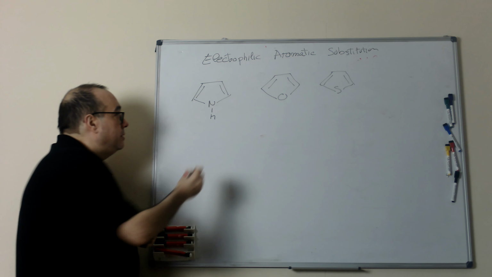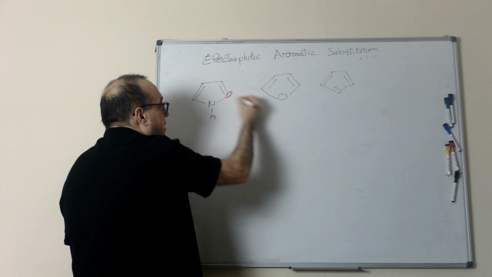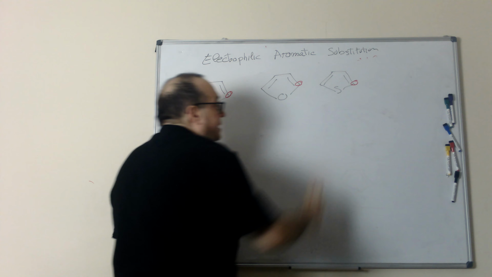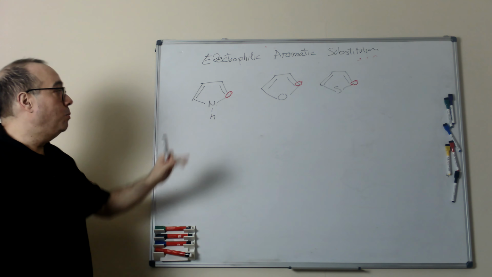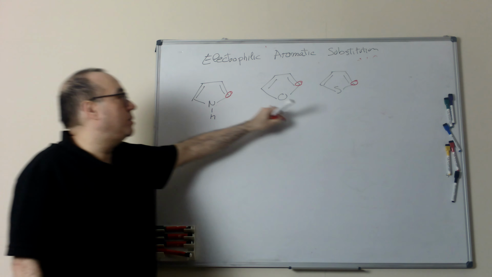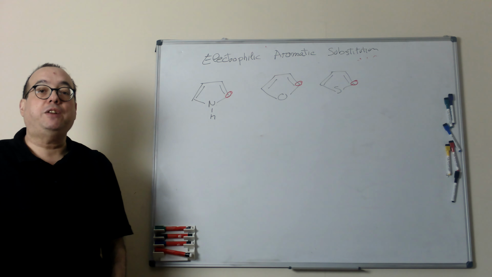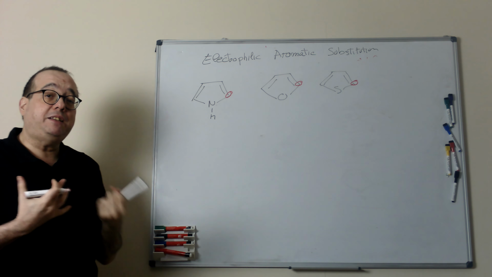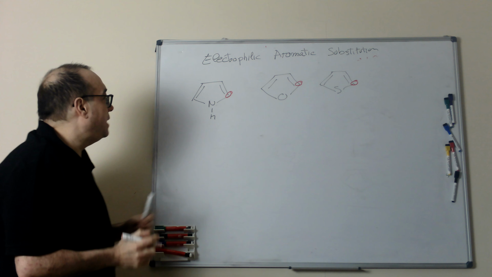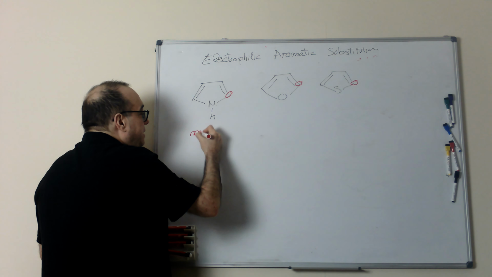The preferred position for the electrophilic aromatic substitution will be C2. What is the difference between Pyrrol, furan, and thiophene? Basically, the difference is the reactivity. Okay, this will be more reactive.